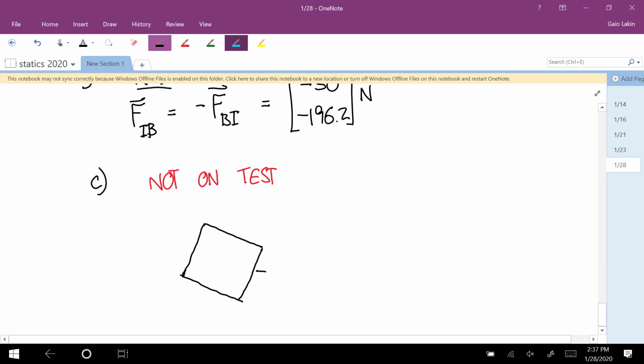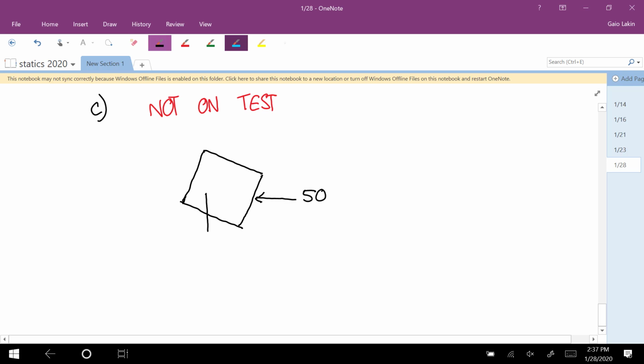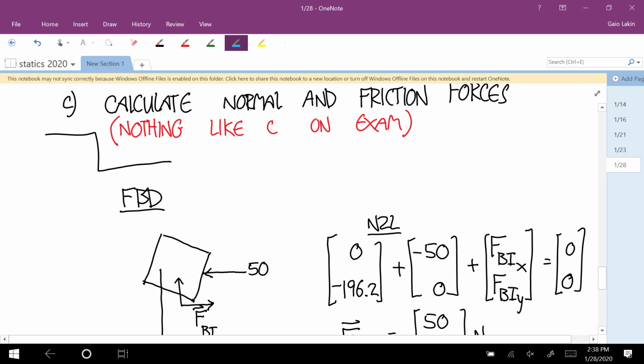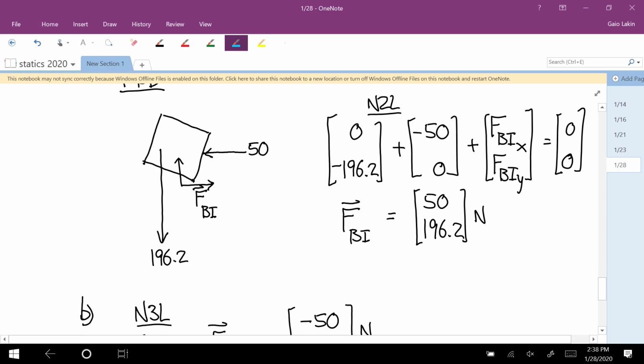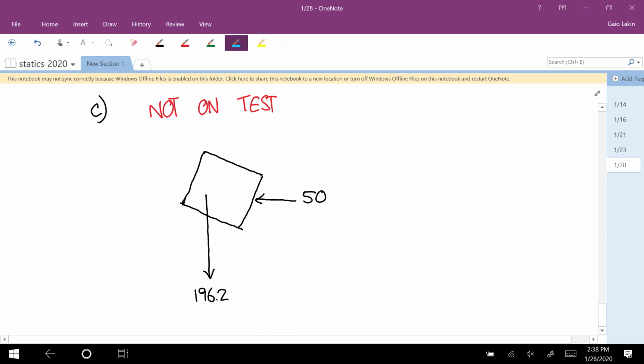All right, so we have this 50 Newton force here. And we have the weight force, 196.2. And then we calculated that the force on the block by the incline is 50, 196.2. So it's about 4 times as tall as it is to the right.